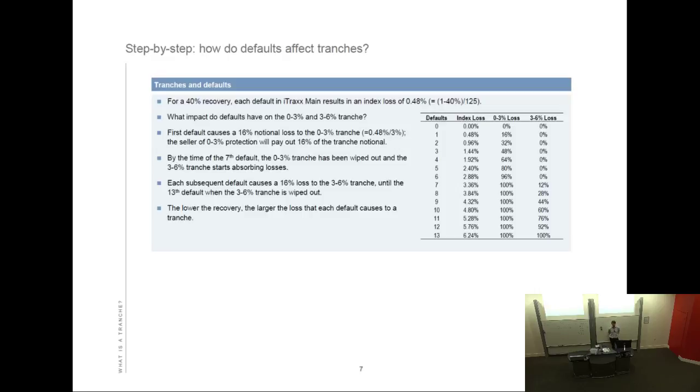Okay? So now we've completed the picture for us to see how risky each tranche is. Basically, the equity tranche is risky from the start, in fact very risky, and after 7 names it will be completely wiped out. The junior mezzanine tranche only starts to incur losses after 7, but is wiped out after 13.